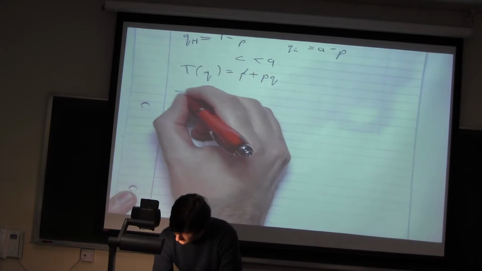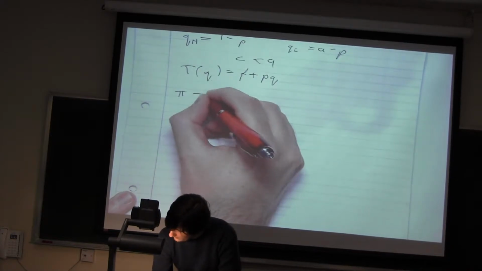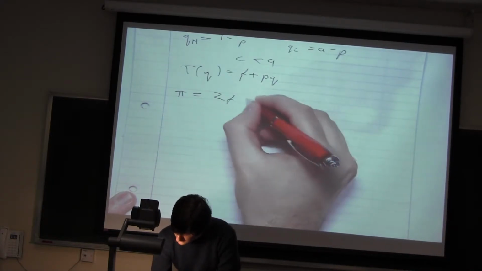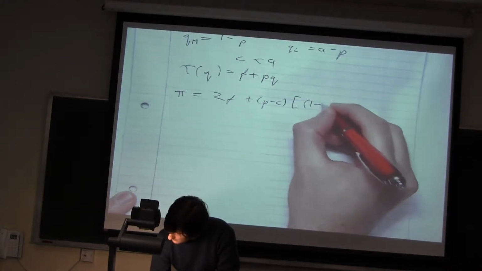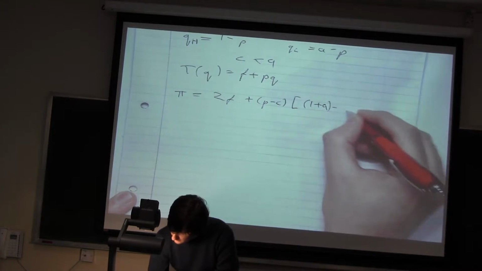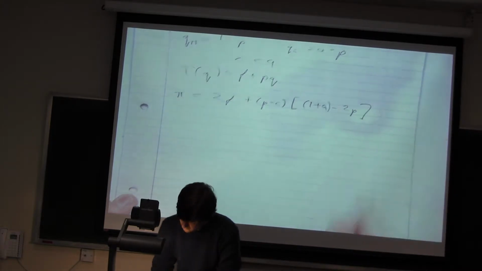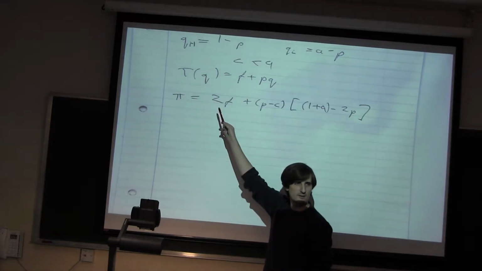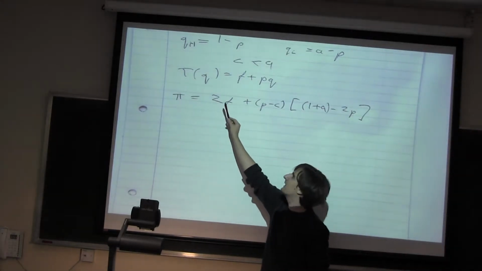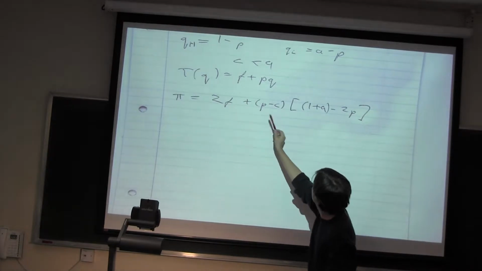So I said we showed in the lecture that the profits from selling in both markets were equal to 2F plus (P minus C) times (1 plus A minus 2P). They're selling to both types of consumers, so they get two sets of the fixed cost.